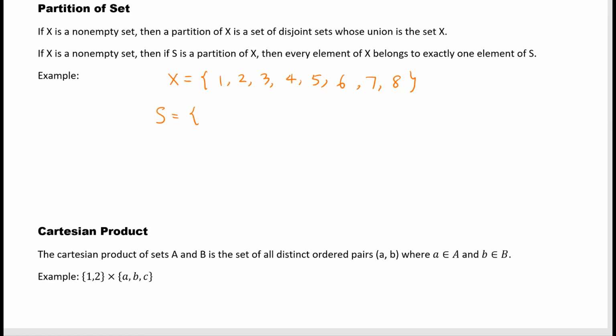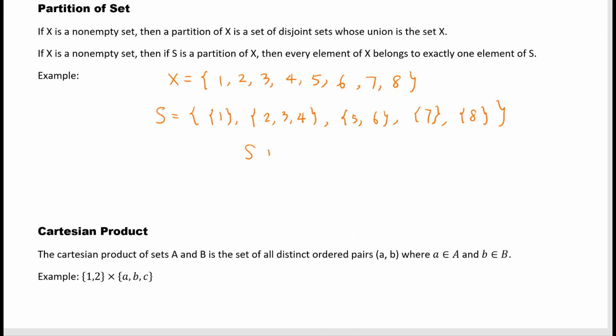So let's consider the partition: 1 by itself, and we have 2, 3, 4 together, we have 5, 6 together, and 7 by itself, and 8 by itself. So this is a partition.